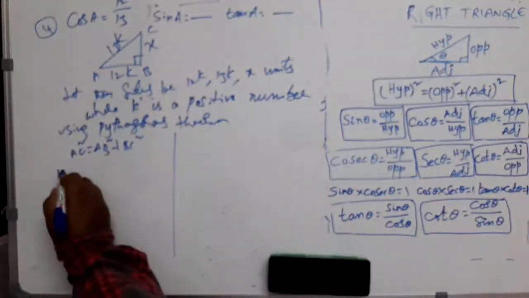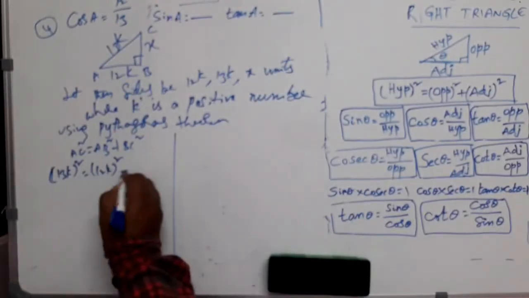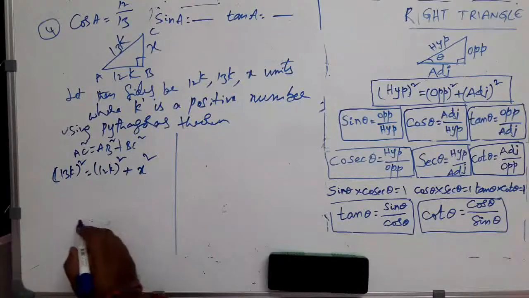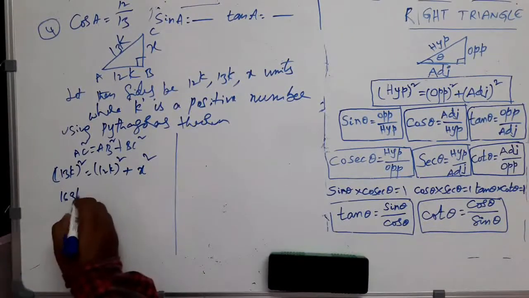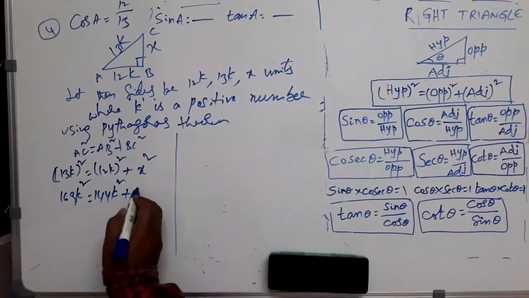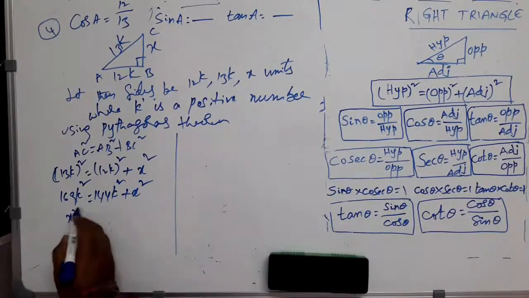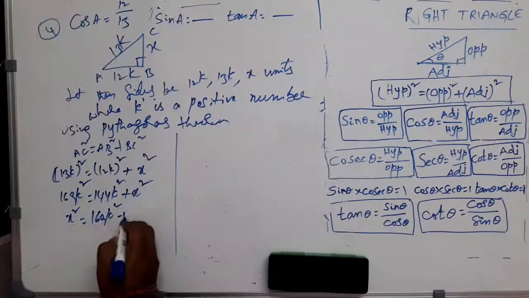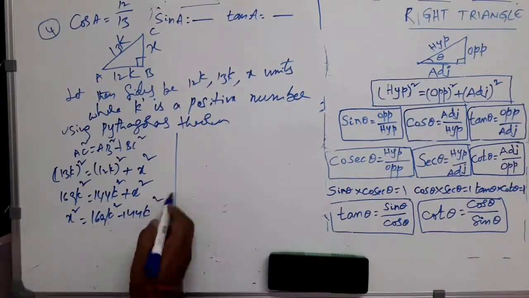That is 13k whole square is equal to 12k whole square plus BC square, which is x square. So this is 169k square is equal to 144k square plus x square. So x square can be written as 169k square minus 144k square, if you transfer this.